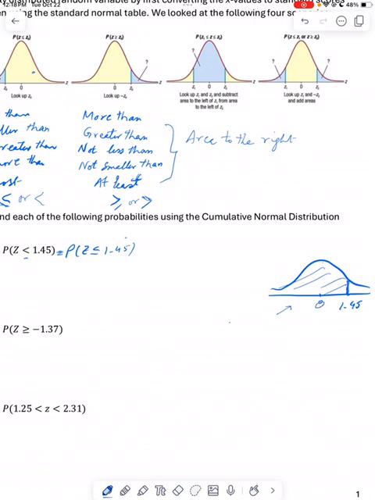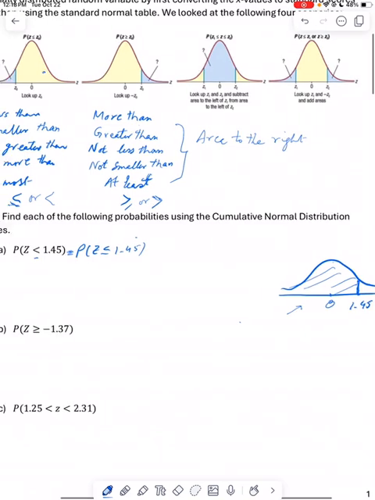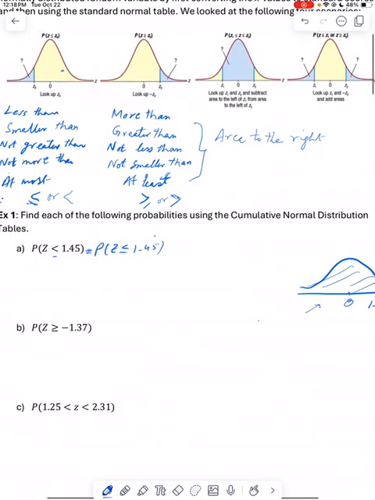You don't have to put the 0, just make a bell-shaped curve like this, and then somewhere on the right, it doesn't need to be to scale, just put the value you have if it's a positive value, and then look up the value. When we look this up, we get 0.9265.